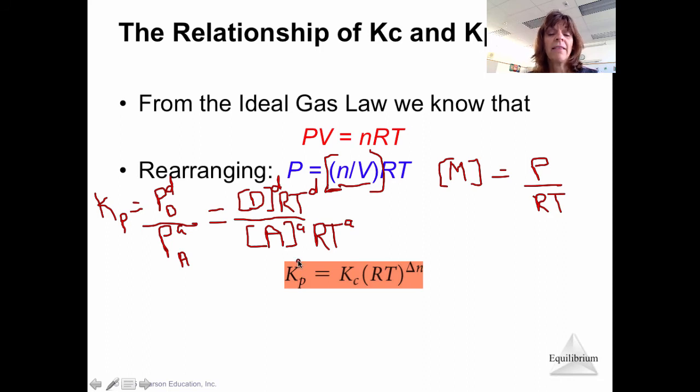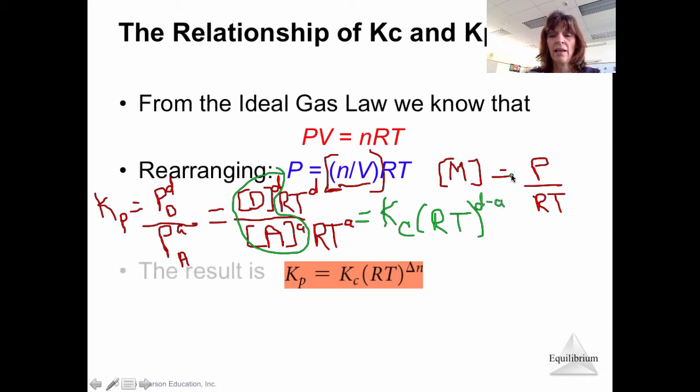So I could simplify this by showing that this whole part right here of the concentrations is the same as the equilibrium concentration by concentration. So I'm going to symbolize that with this part, times RT raised to the, now if we're going to take RT raised to the d divided by RT raised to the a, it's RT raised to the d minus the a.